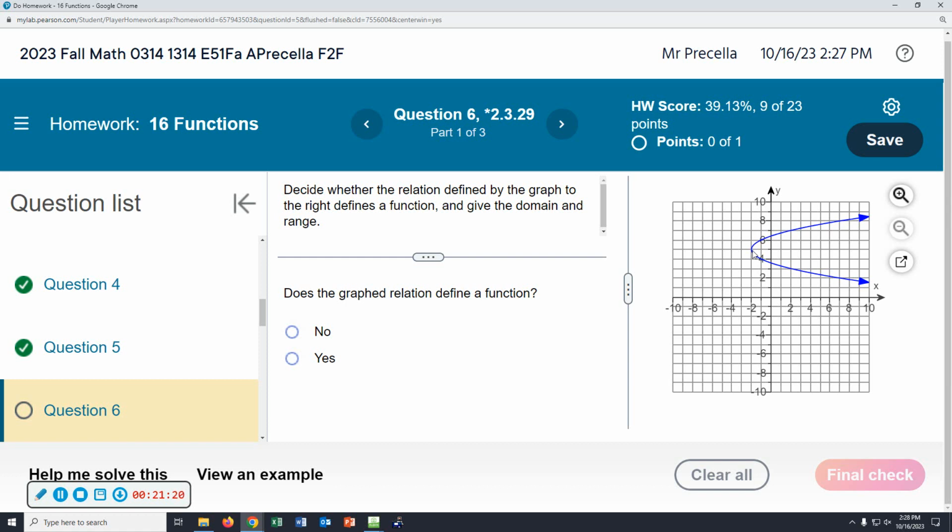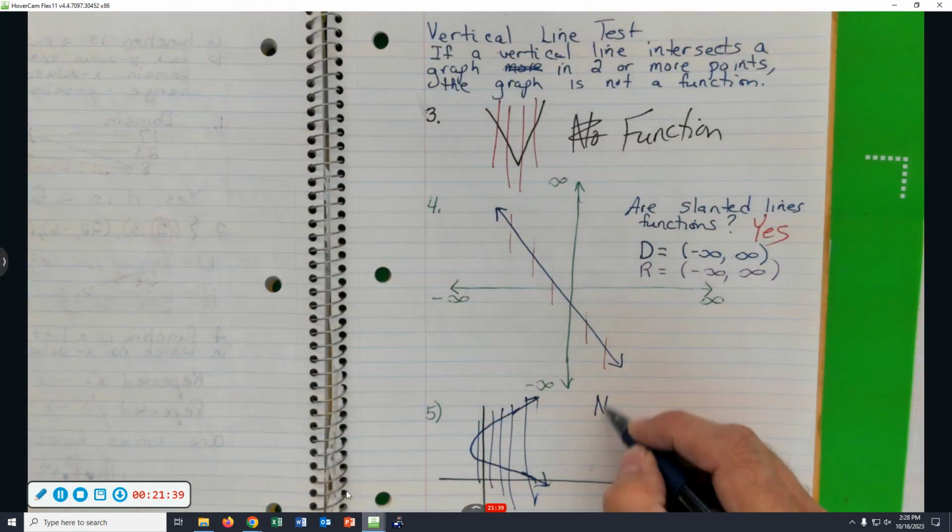There's already one drawn. Well, for y'all, there's a whole lot of them, right? You see all those vertical lines? A vertical line can hit it in 2 or more spots, so no, it's not a function. I'm going to check this first. Okay. So not a function.